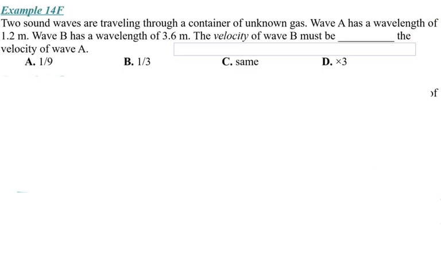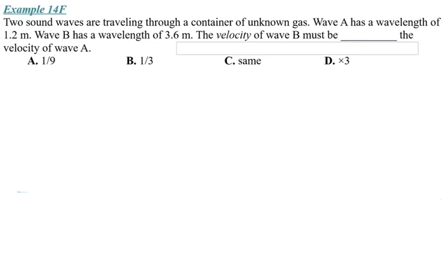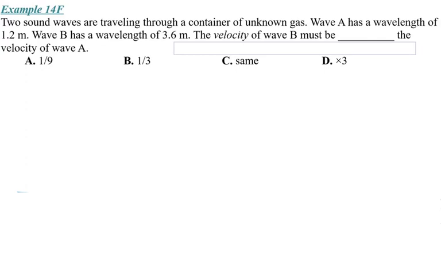We have time for a few more questions here. So I have 2 sound waves traveling through a container of unknown gas. So they're 2 sound waves traveling through the same gas. Wave A has a wavelength of 1.2 meters and wave B has a wavelength of 3.6 meters.